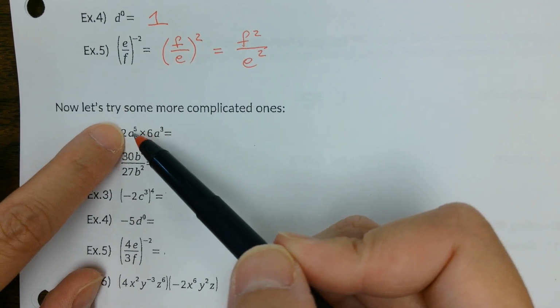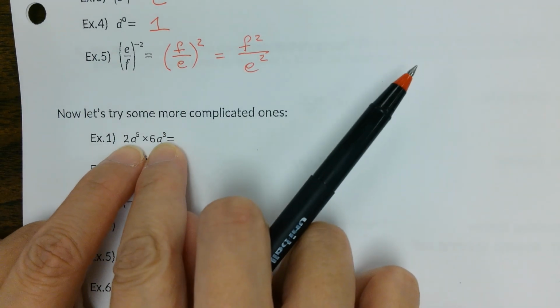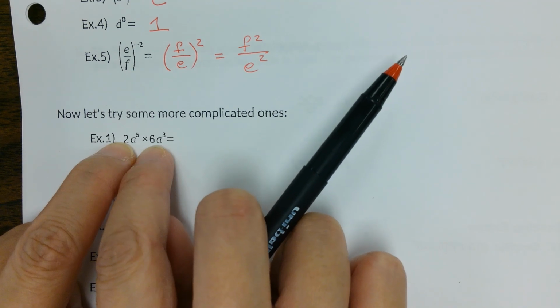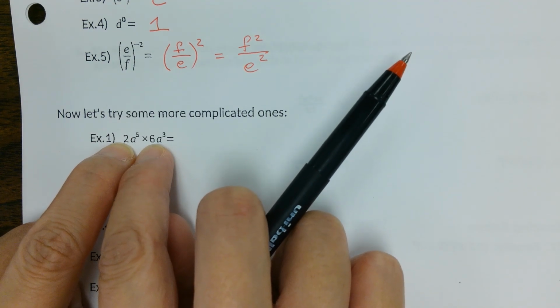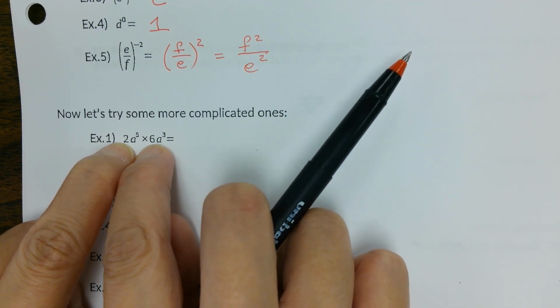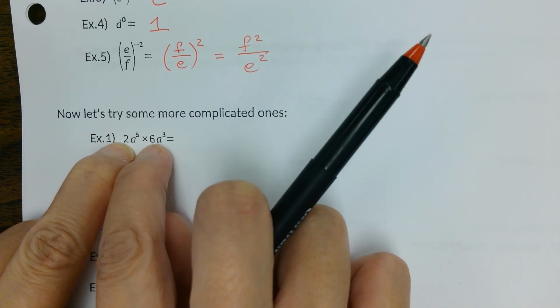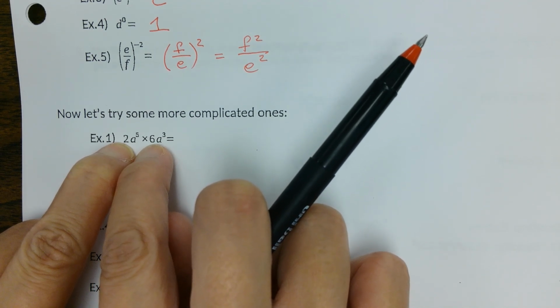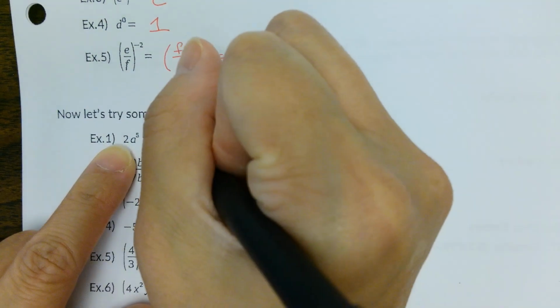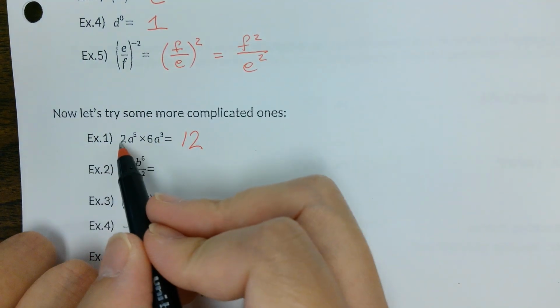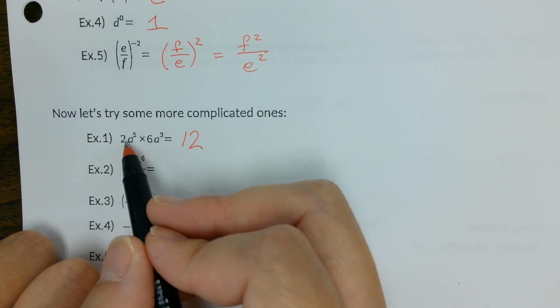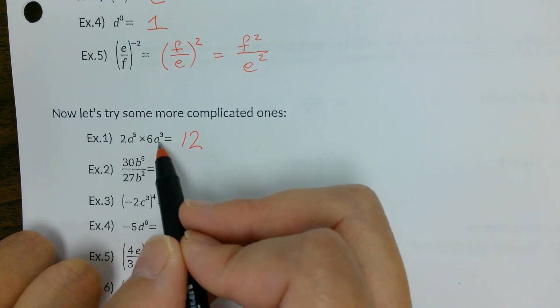So my base is still A, so I can combine these. What about the 2 and the 6 then? They're just numbers that we've been working with since we were born. Okay, so 2 times 6 is simply 12. Alright, so these numbers don't need to match. Only a base needs to.